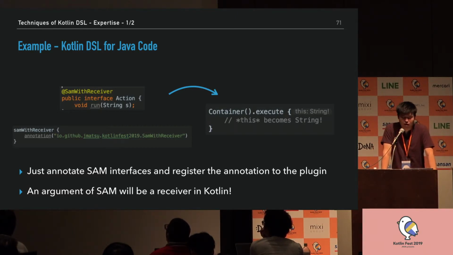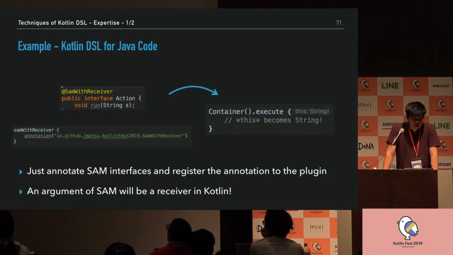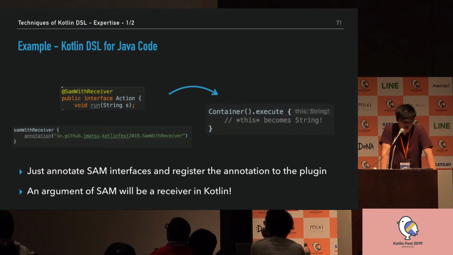In Java code, we need to declare a new annotation and annotate a SAM interface with the new annotation. And also, we should register the annotation to the SAM with receiver plugin. After we compile, a parameter of SAM will be the receiver of the Kotlin lambda. So modifications happen in Java and in the user's Gradle configuration.